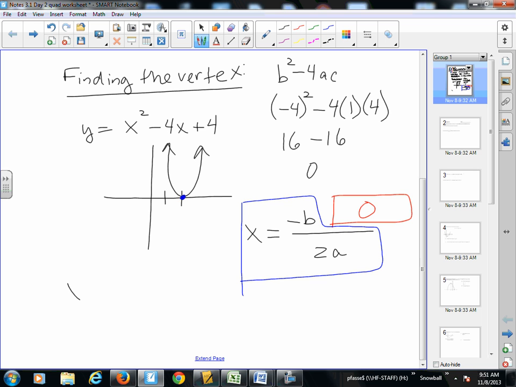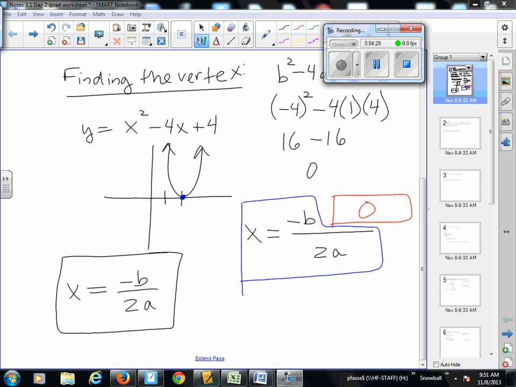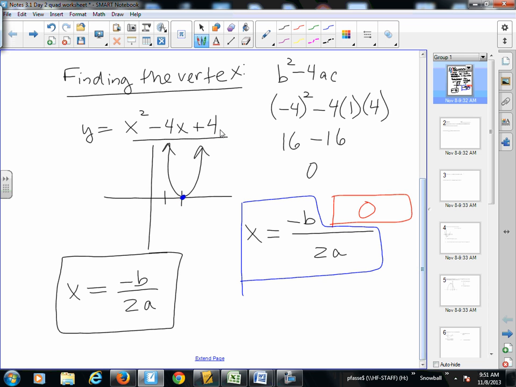Another way from standard form to calculate the x value of the vertex is simply negative b over 2a. If we are in standard form right here, to figure out the x value of the vertex, what do we simply do? Negative b over 2a.